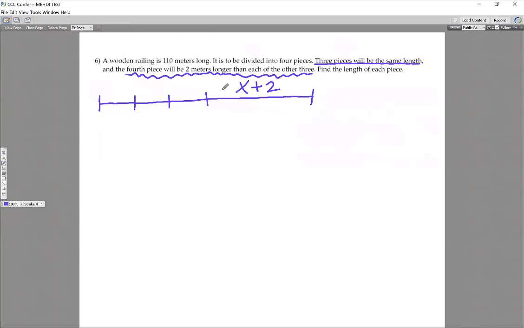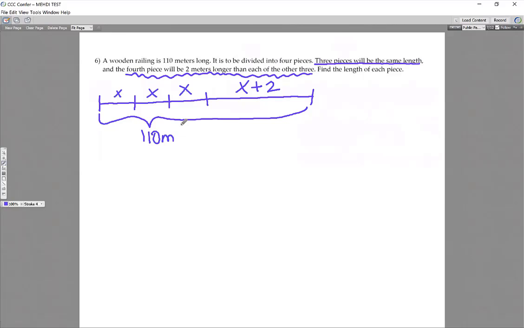And we're told that there are three pieces with the same length, so these can all be x. So we have x for each of the three pieces that are the same length, and then the fourth piece is 2 meters longer, so it's x plus 2. And this entire wooden railing is 110 meters long.